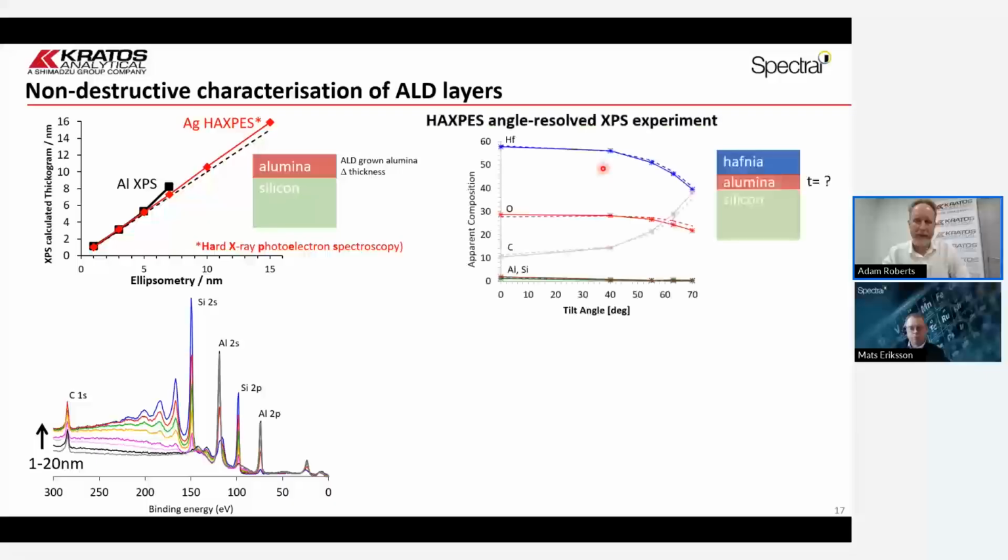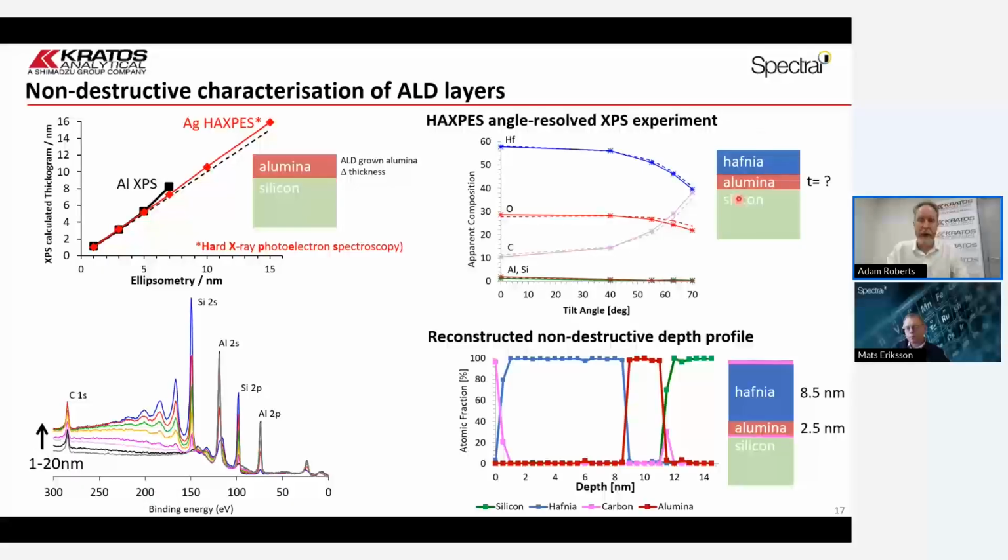And with XPS, we can do an angle resolved experiment. So the extension of this was to measure film thicknesses of unknown thickness, where we had an alumina barrier layer and a hafnium oxide overlayer. And by doing this angle resolved experiment, we were able to then use some software that we've developed to calculate a non-destructive depth profile.